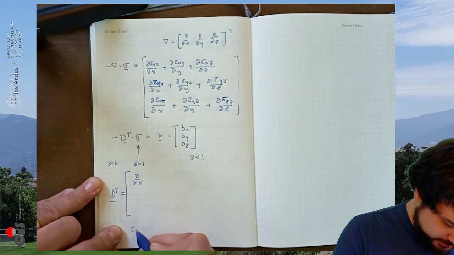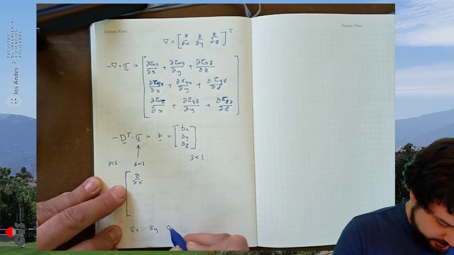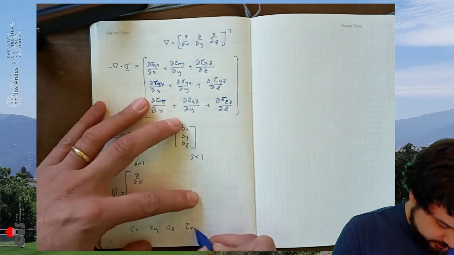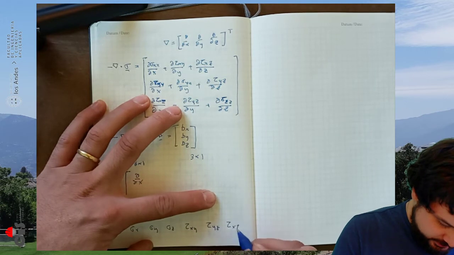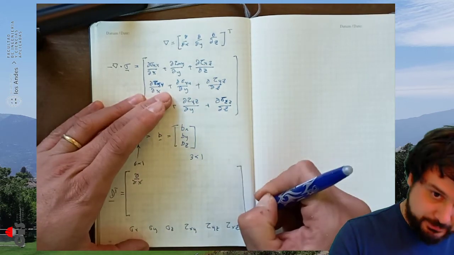So here I'm going to have sigma x, sigma y, sigma z, tau xy, tau yz, tau xz. That's the order I adopted.